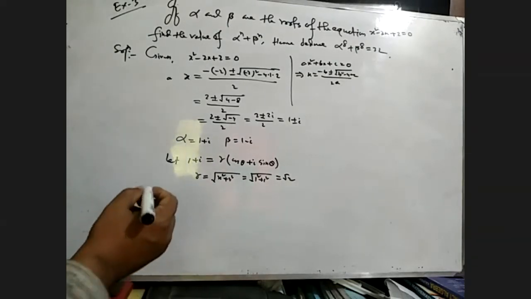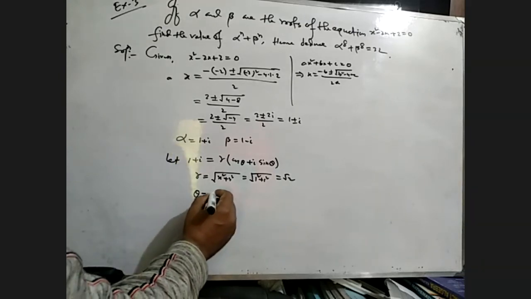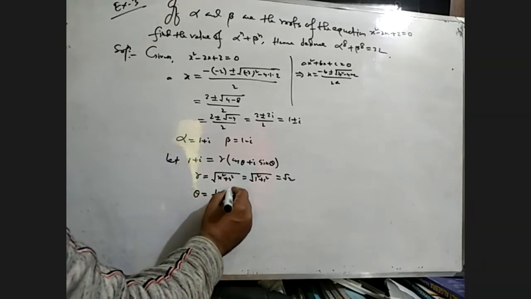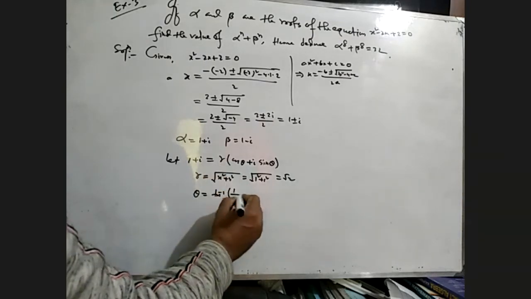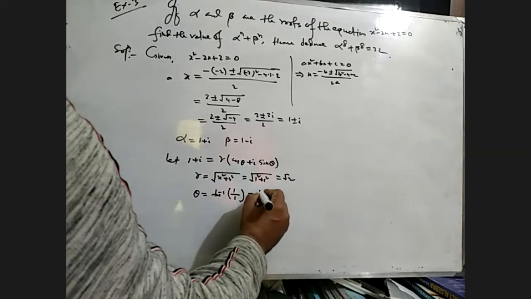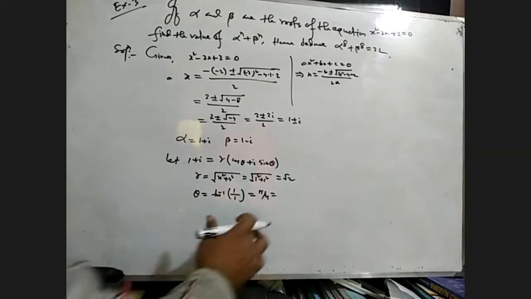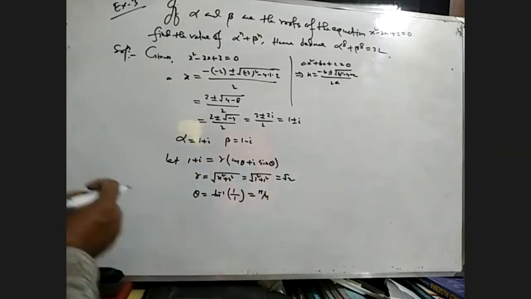And theta equals to the argument, tan inverse of imaginary part divided by real part. So tan inverse 1 equals to pi by 4 or 45 degree.